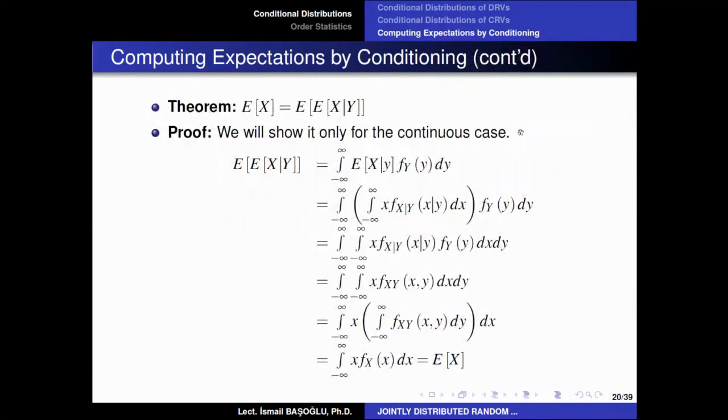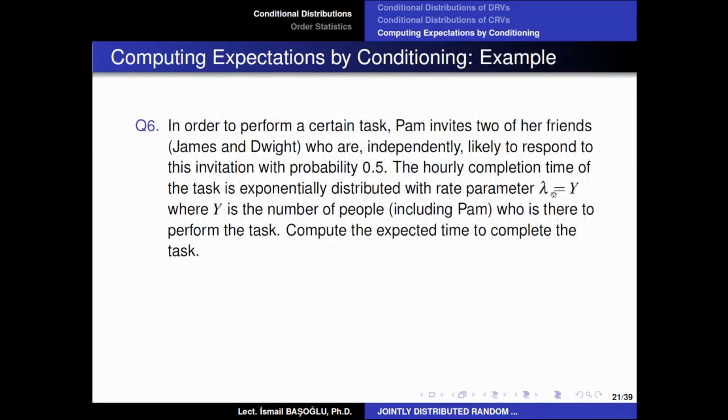Which means the time to perform this task is exponentially distributed with rate parameter lambda equal to 1 if nobody arrives and Pam does the task by herself.